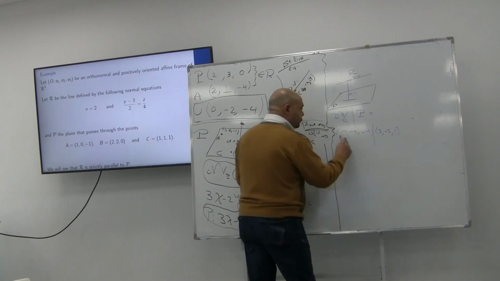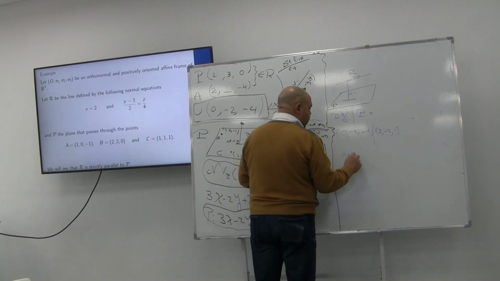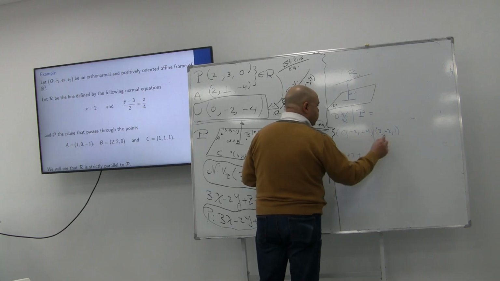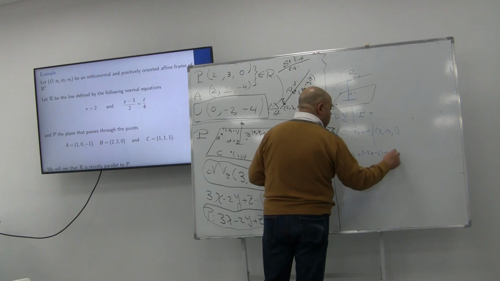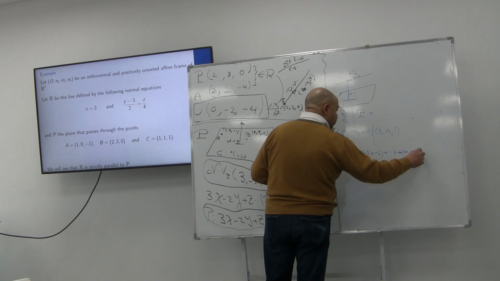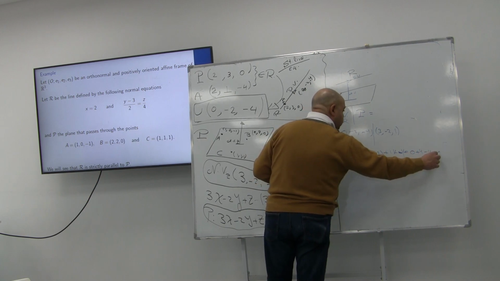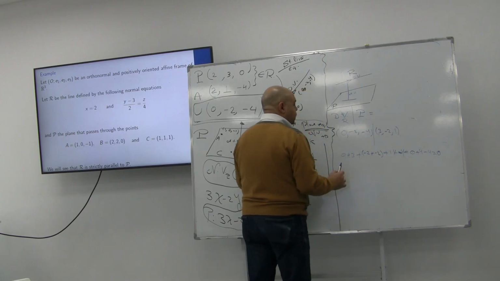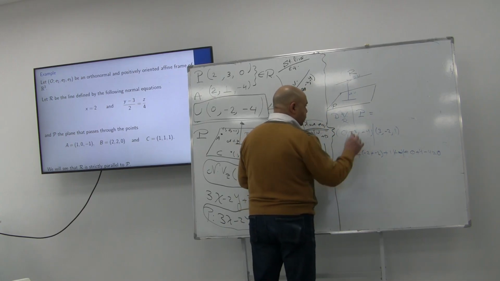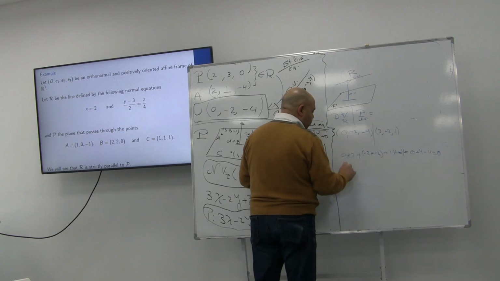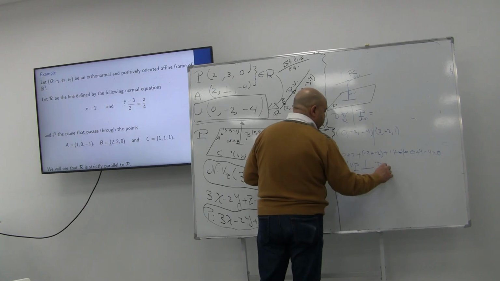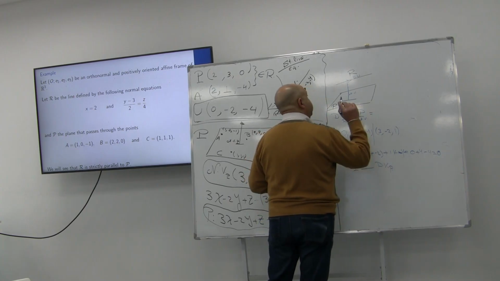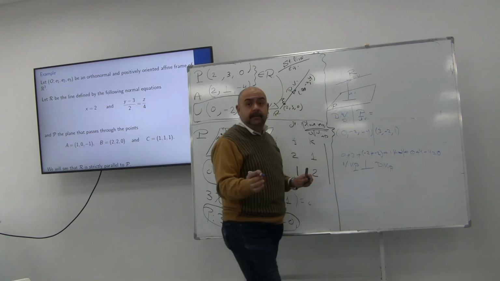Let's see. 0 times 3 plus negative 2 times negative 2, which is 4, plus 1 times negative 4, so you will have 0 plus 4 minus 4, which equals 0. That indicates that the normal vector of the plane is orthogonal on the direction vector of R. So the first condition is already correct.